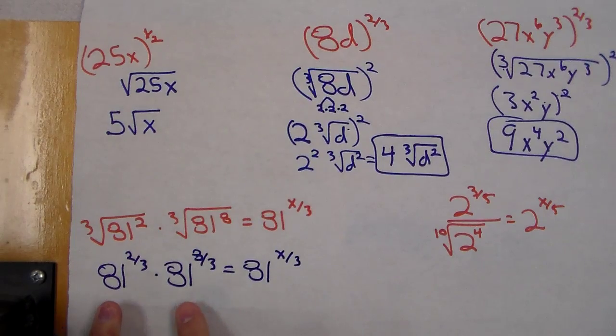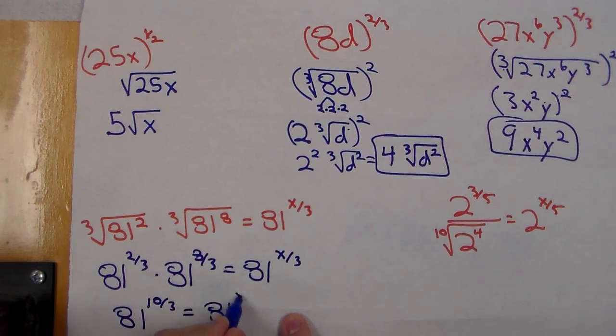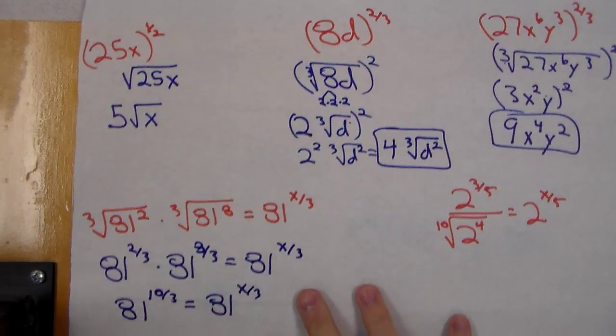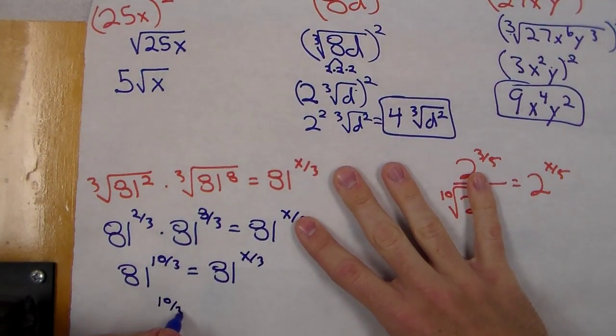Now over here, they have like bases, so I can add the exponents. I get 81 to the 10/3 equals 81 to the x over 3. All we've done is change the exponential form and combine terms. Now what we actually see here is those match for the most part, and that says 10/3 equals x over 3. Looks like x is 10.